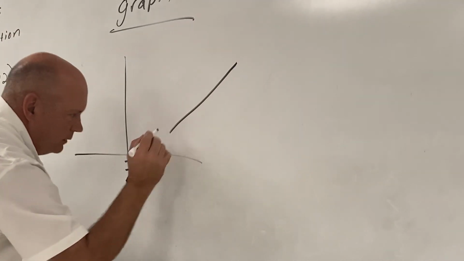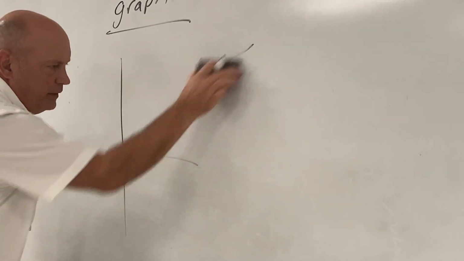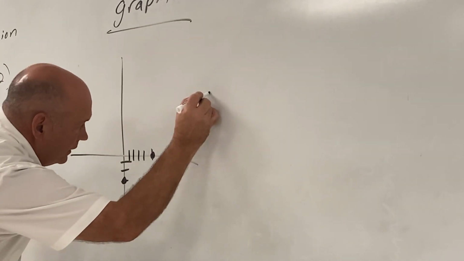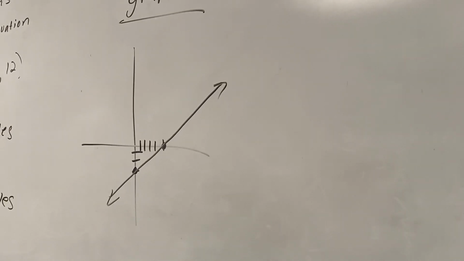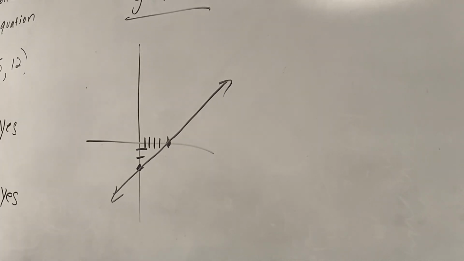Let's say the line goes through these 2 points. We need to find the slope of this graph.